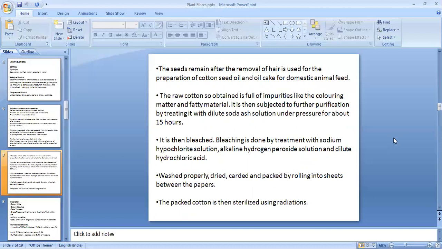This raw cotton is full of impurities like coloring matter, fatty material, and other vegetative parts of the plant. And this raw cotton is subjected to purification by treating with dilute soda ash solution under pressure for about 15 hours.